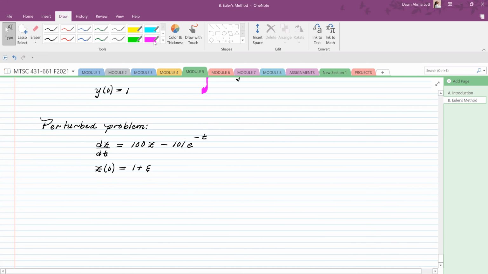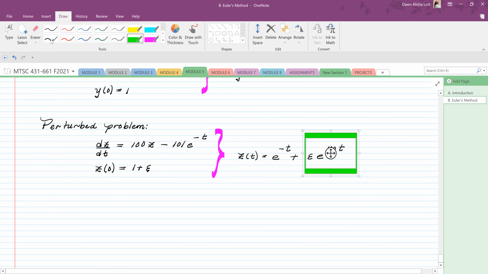And the solution to this problem is z of t is equal to e to the negative t plus epsilon e to the 100t. All right, now that's a problem because this term right here rapidly departs from the solution.